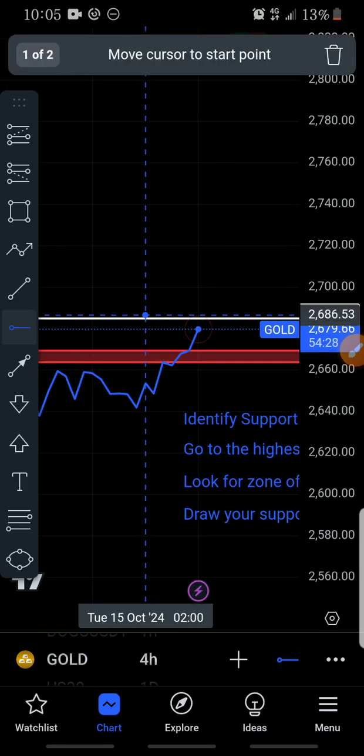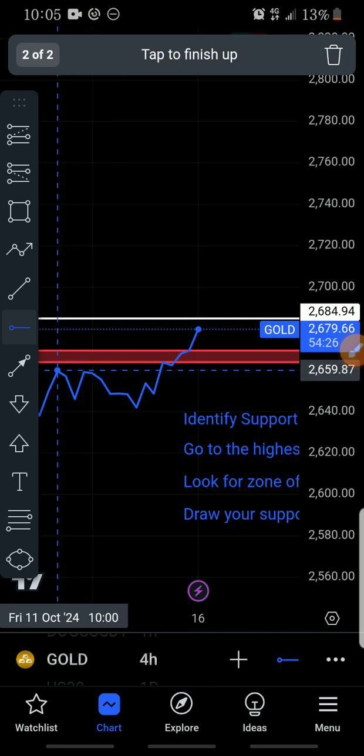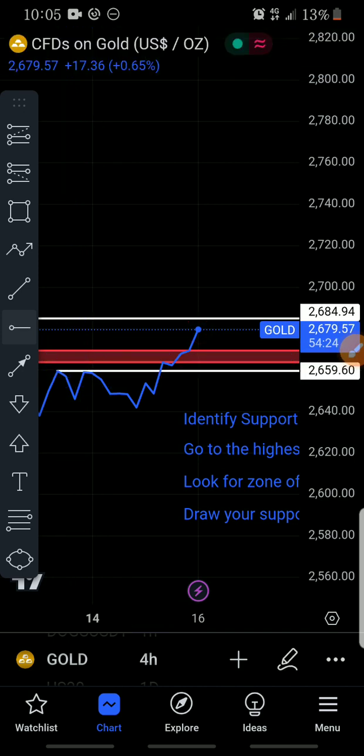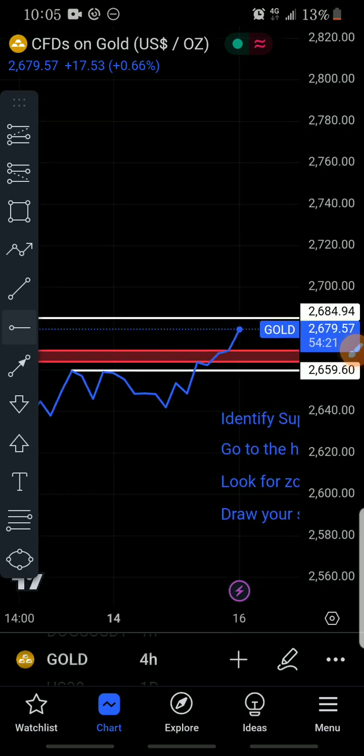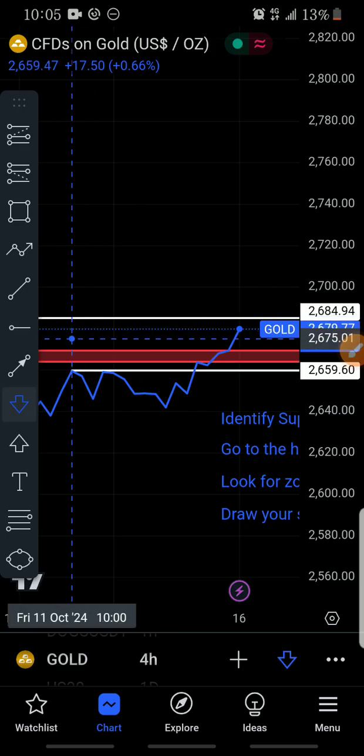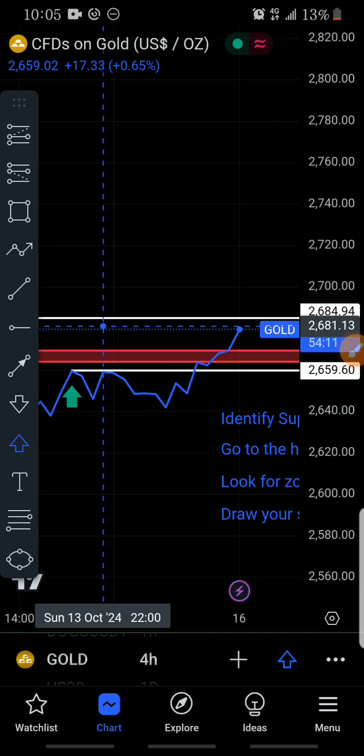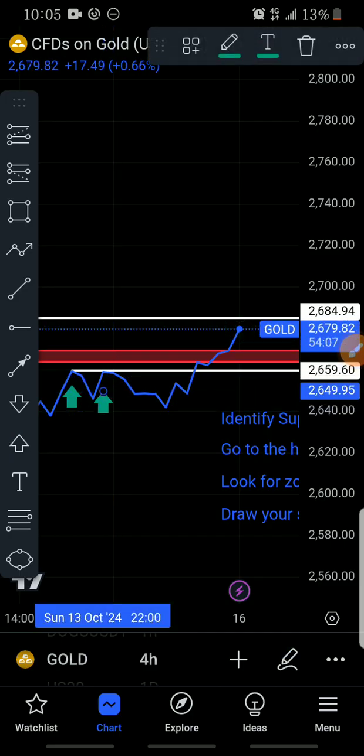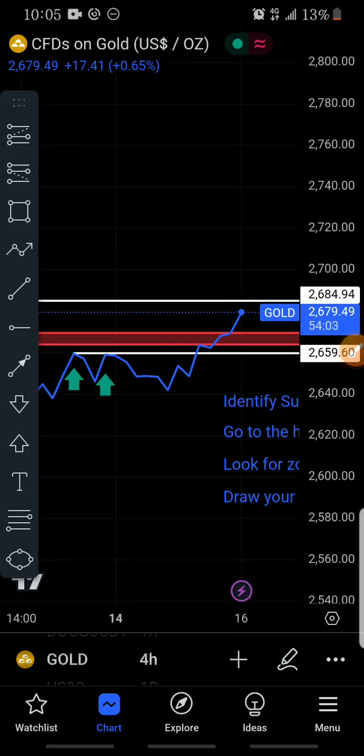So here is a resistance. Why do I say it's a resistance? You can see the market didn't break out of it easily. The market tested the area twice, right? It tested this level and tested this level again, and multiple times it was pushed down, but eventually it broke out of the level.